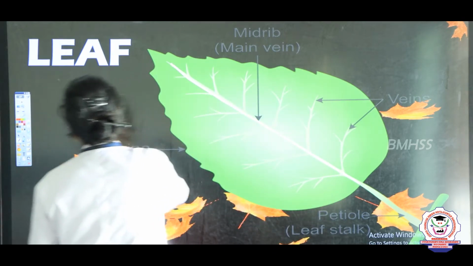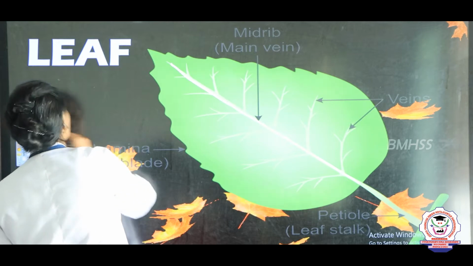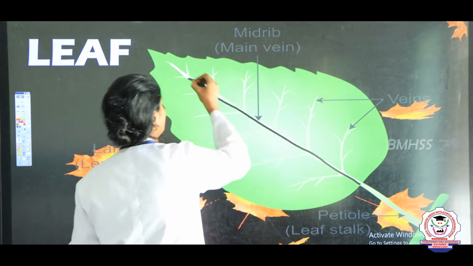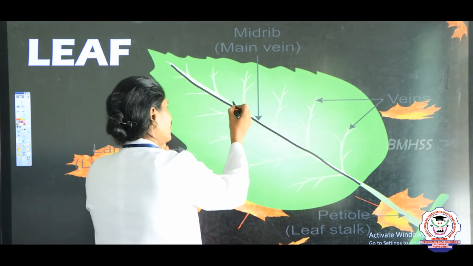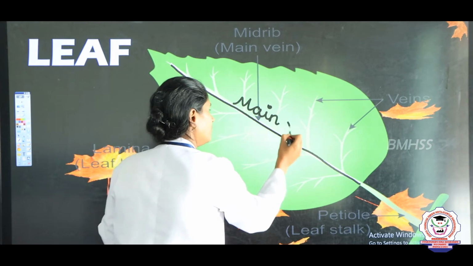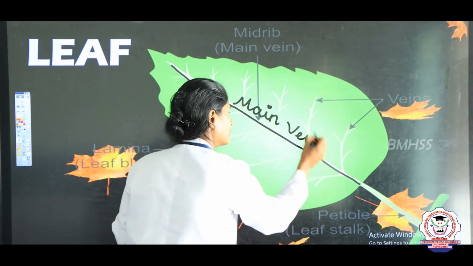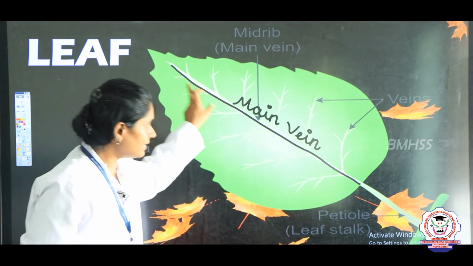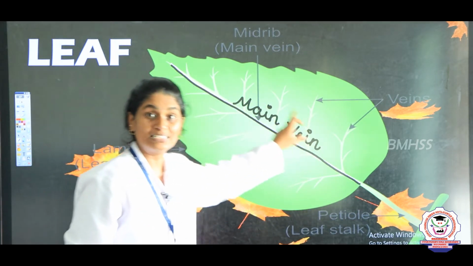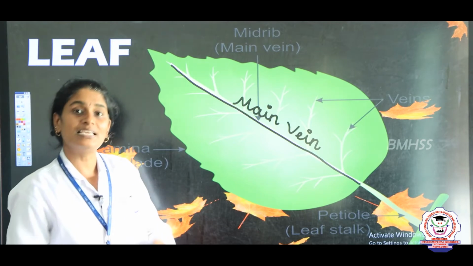This center vein is known as the main vein, M-A-I-N, main vein, V-E-I-N. The center line running in the leaf is known as the main vein. You can see the center line in the leaf also.